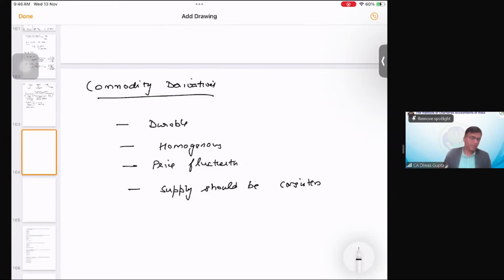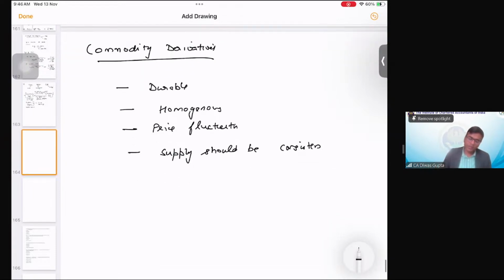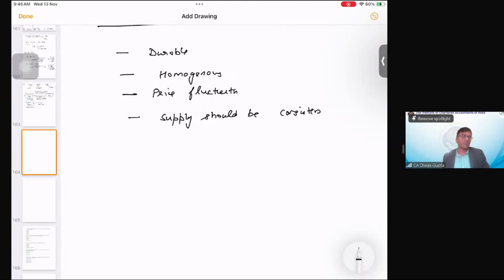Similarly, there is one more thing, which is the commodity swap. In a commodity swap, what happens? The floating rate gets swapped to the fixed rate. As we know, a lot of commodities have fluctuating prices.